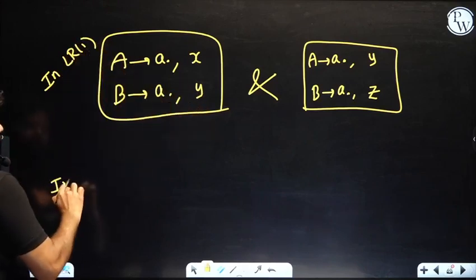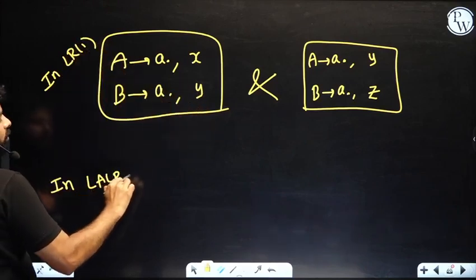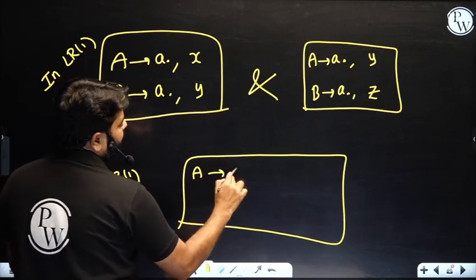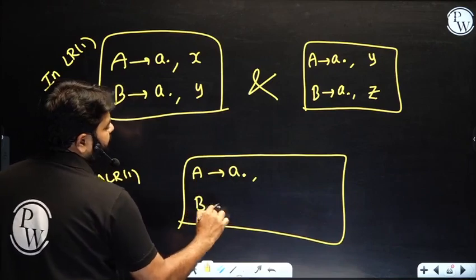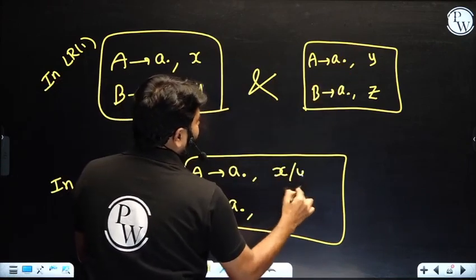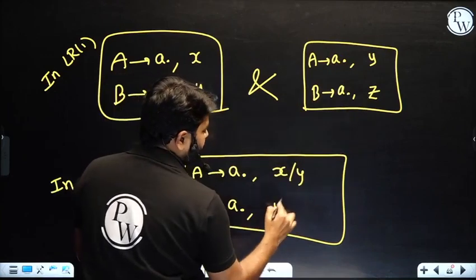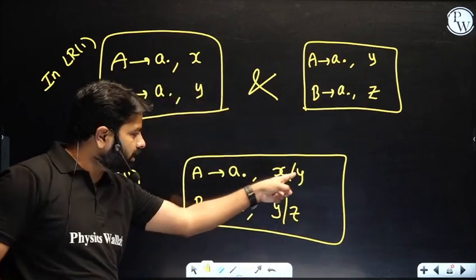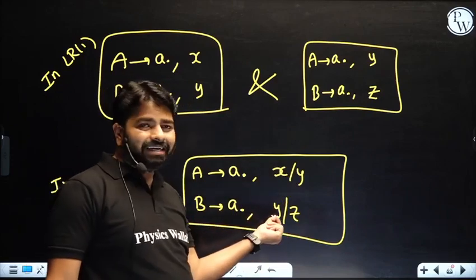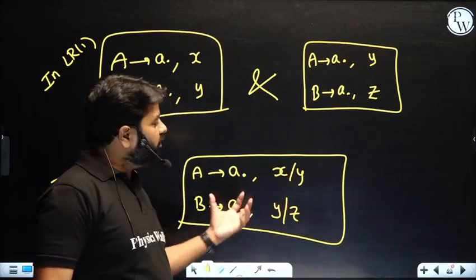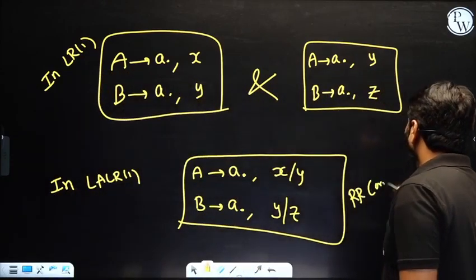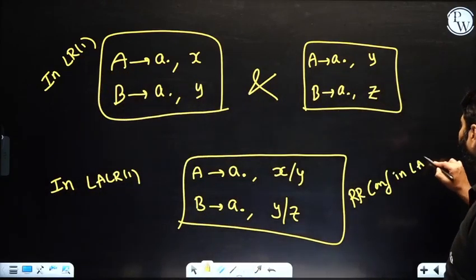Now when you combine, in CLR1 or LR1 we don't have a conflict. But when you combine into one state in LALR1, what do you get here? A derives A dot, B derives A dot. Here X or Y, here Y, Z. See that? You got a common terminal. The intersection of X comma Y and Y comma Z has Y common. So here you will get a conflict. So an RR conflict is possible in LALR1.